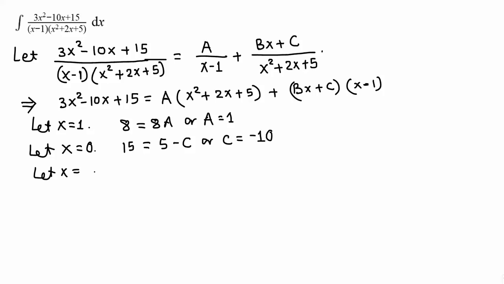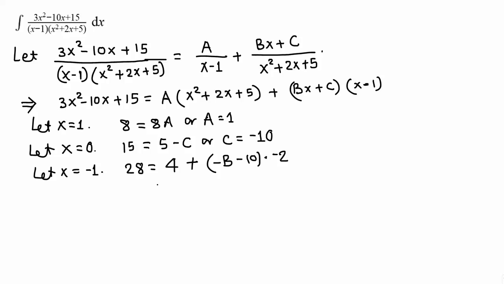Let's take negative 1, then 3 times negative 1 squared is just 3, minus 10 times negative 1 is positive 10, 3 plus 10 is 13, plus 15 is 28. This is equal to negative 1 squared, just 1, plus 2 times negative 1 is negative 2, 1 minus 2 is negative 1, plus 5 is 4A, A is 1, just 4, plus negative 1 minus 1 is negative 2, B times negative 1 is negative B, plus C, C is negative 10, times this is negative 2.